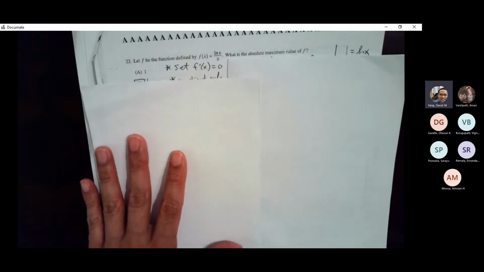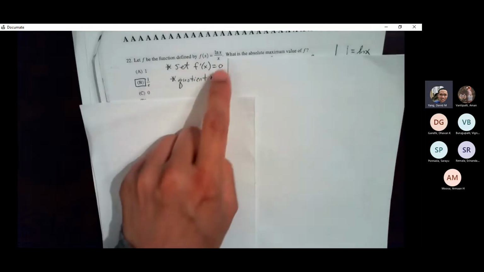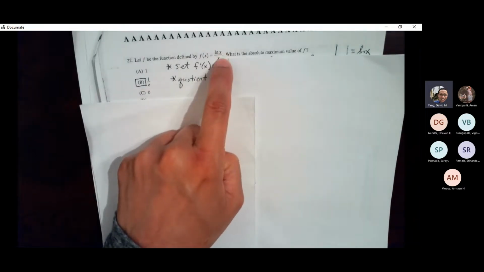So to find f prime, I'm going to go through quotient rule. F prime g minus fg prime all over g squared.